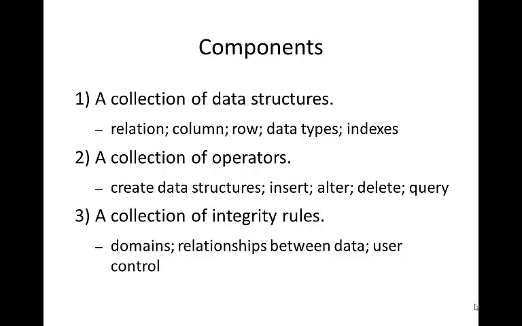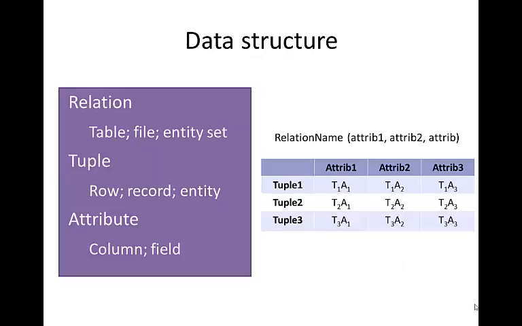They also define relationships between the data objects, and define user controls. So those are the three main components that you need to build a relational database structure.